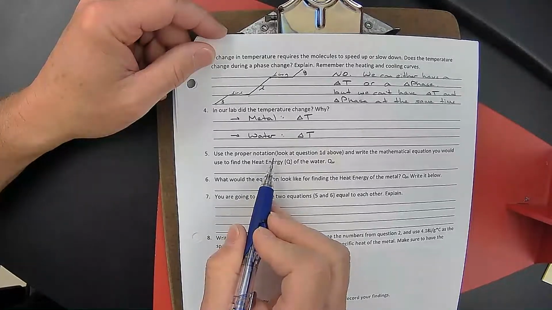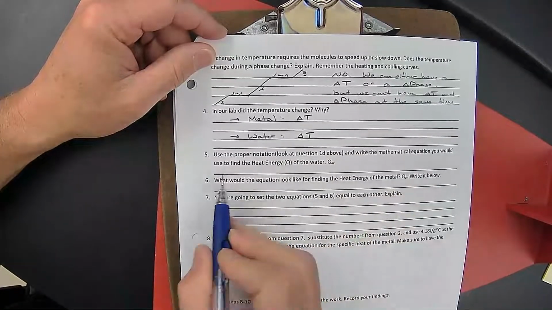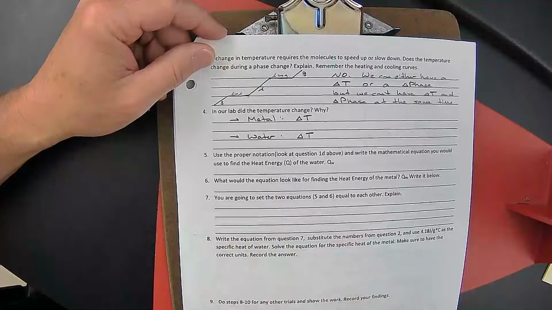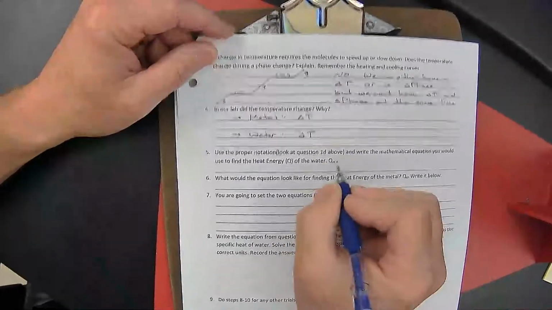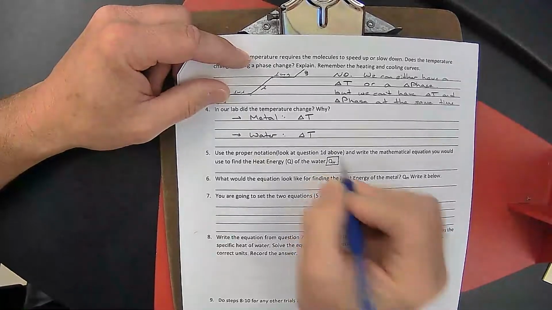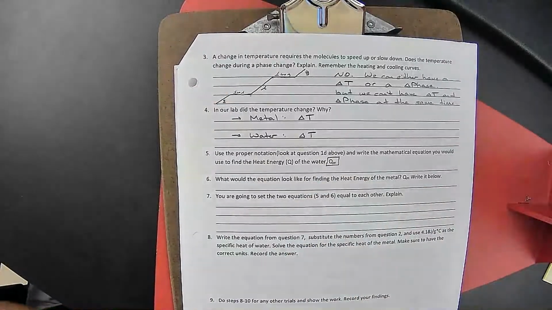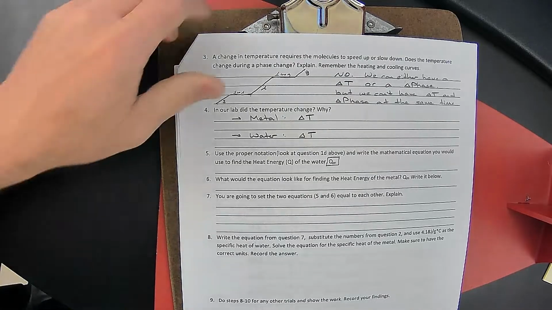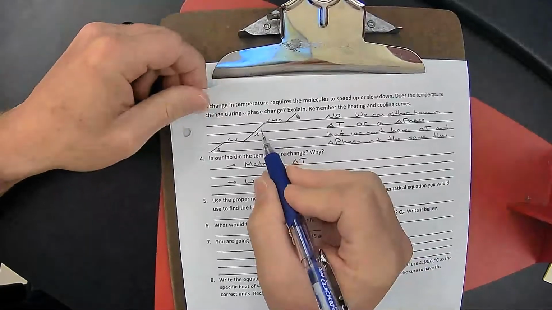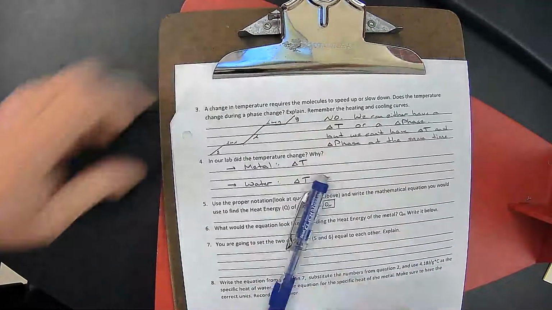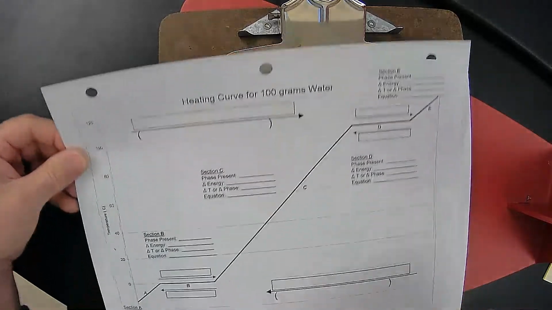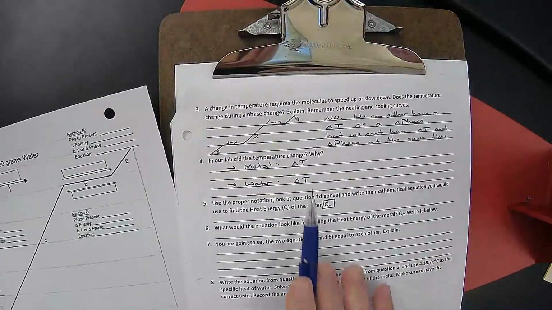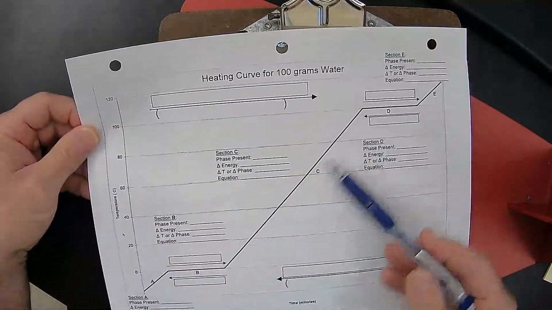Use the proper notation and write the mathematical equation you would use to find the heat energy of the water. Notice they're looking for the water here. Now, we can reference back to our graphic organizer, and when we look at our graphic organizer, both of these are a change in temperature.